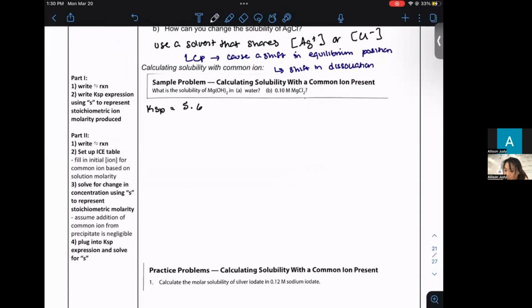We'd get the value of 5.6 times 10 to the negative 12, which is going to be equal to the concentration of my ions produced, Mg2 plus and OH minus squared, because I have 2 OH ions produced for every 1 MgOH2 dissociated. So I write out my little equilibrium.